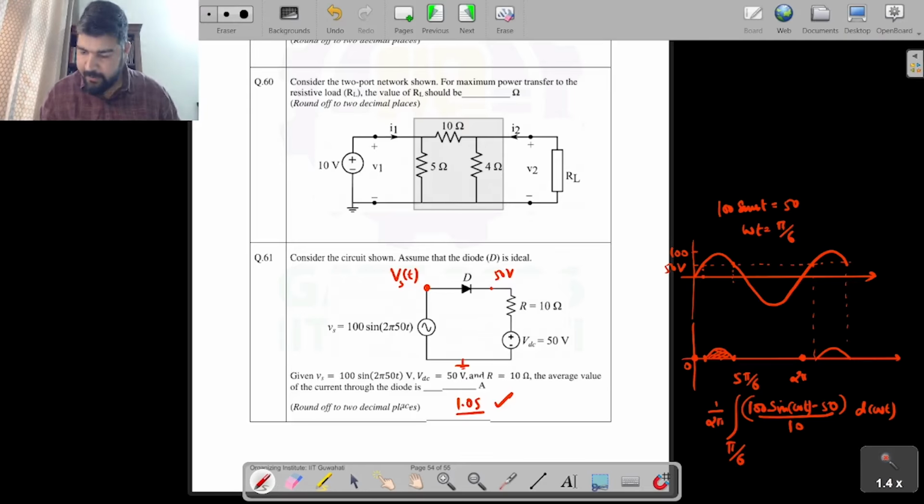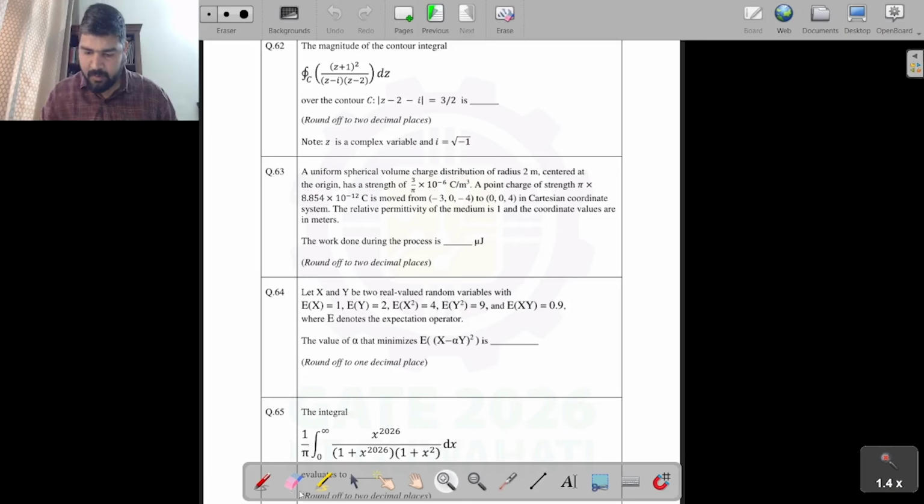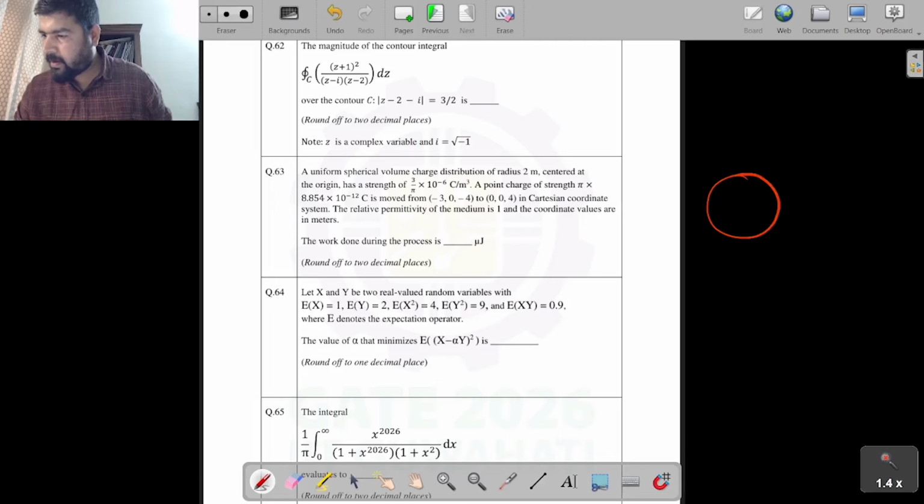So guys, next question is question number 63 from EMFT, and this is the last question from my side. Question number 63. The question says a uniform spherical volume charge distribution of radius 2 meter, centered at origin.